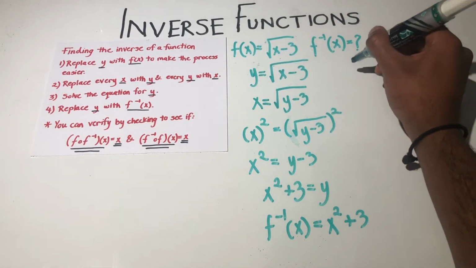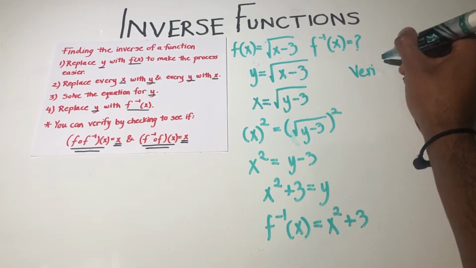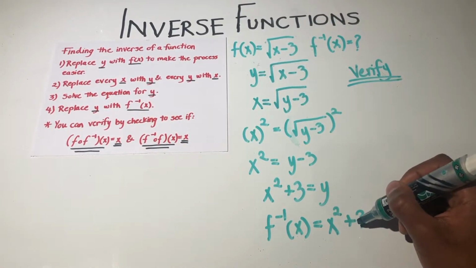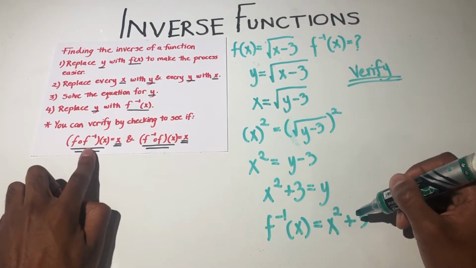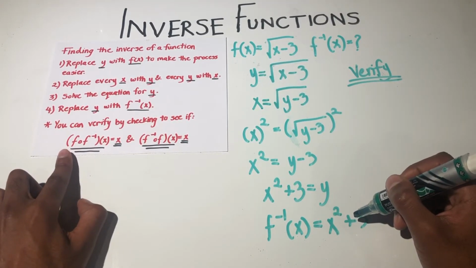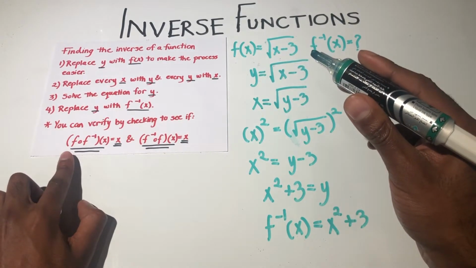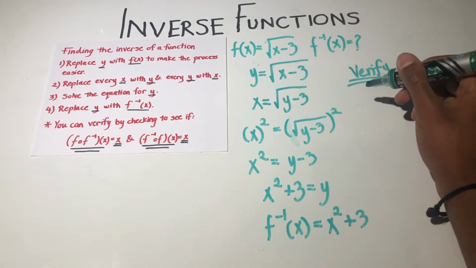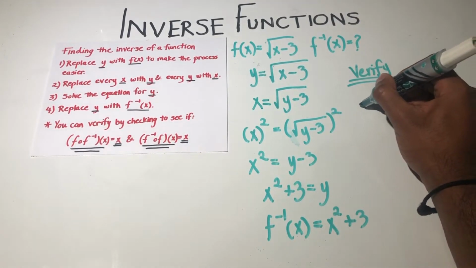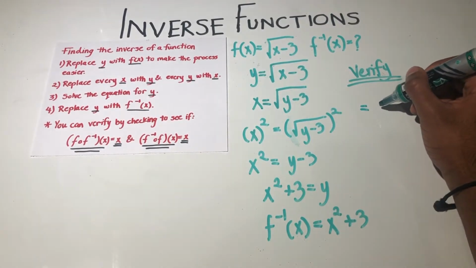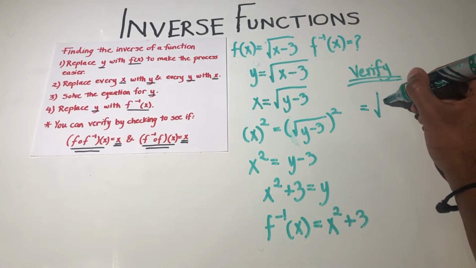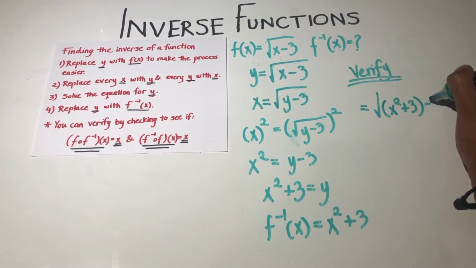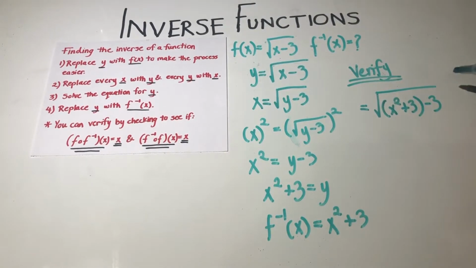So we're going to go ahead and verify. We're going to take the inverse and plug it into the original equation that we started with, which was f of x is equal to root x minus 3. So let's go ahead and do that. We're going to get root x squared plus 3 minus 3, all under the radical.